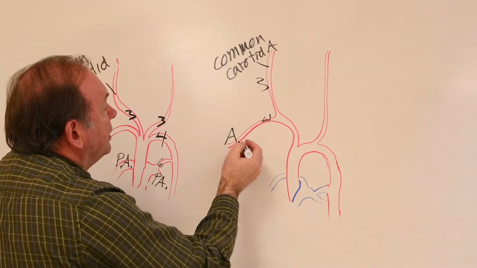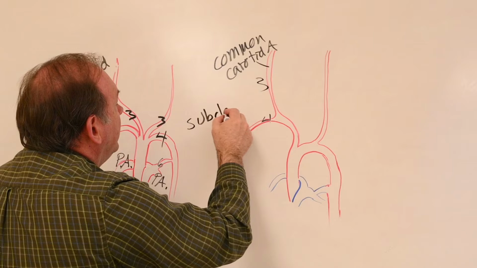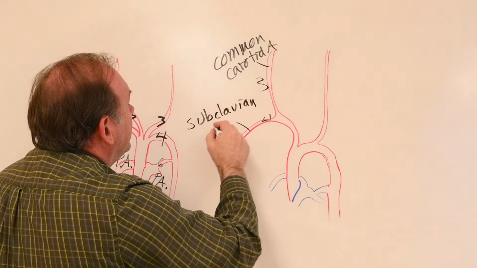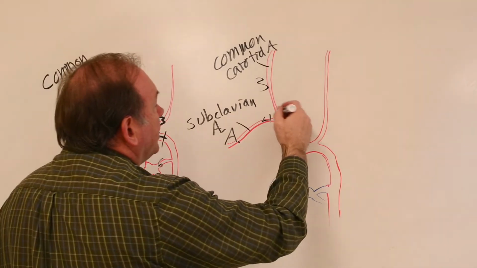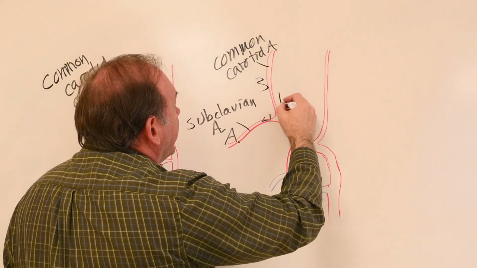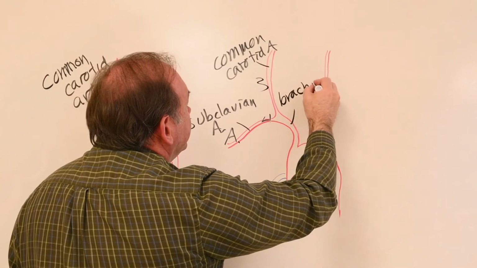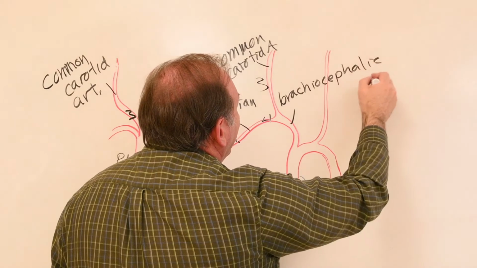This becomes the subclavian artery. Here on the body's right side, this portion that's still fused together right here is the brachiocephalic artery.